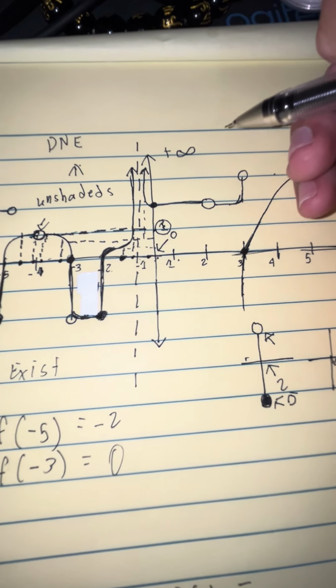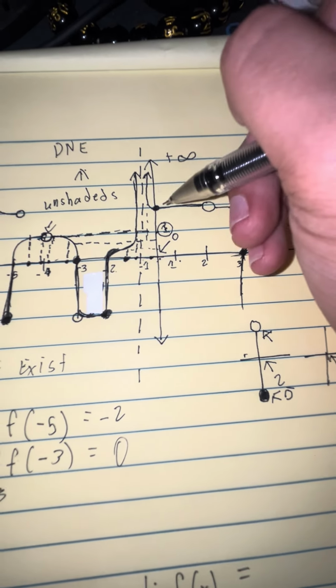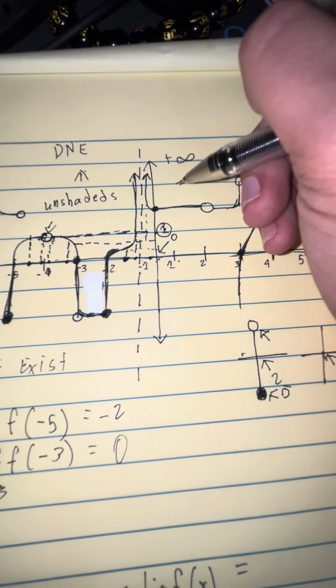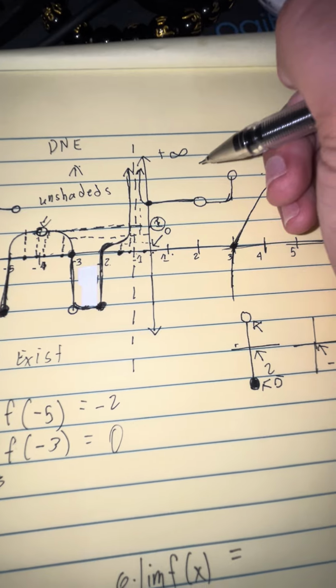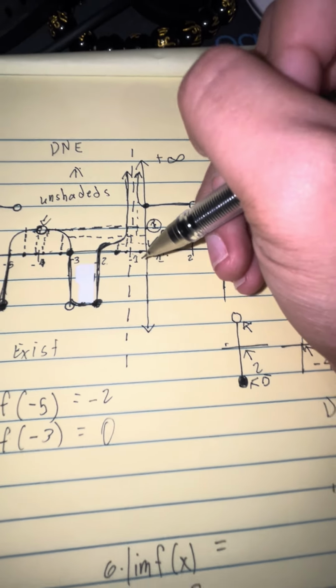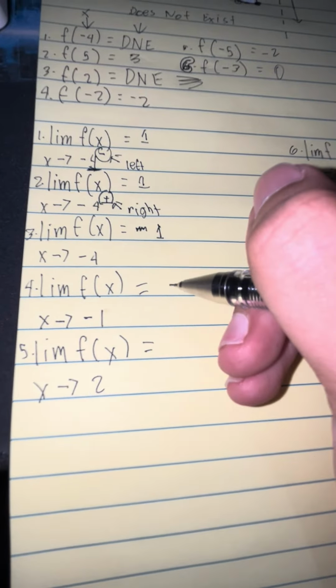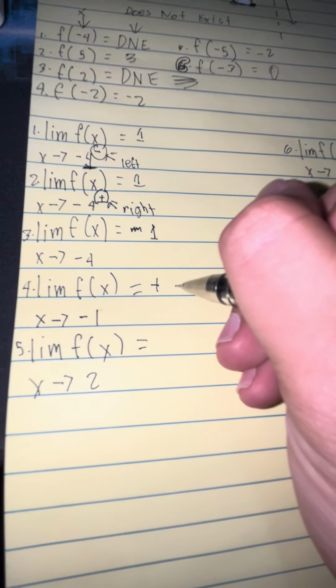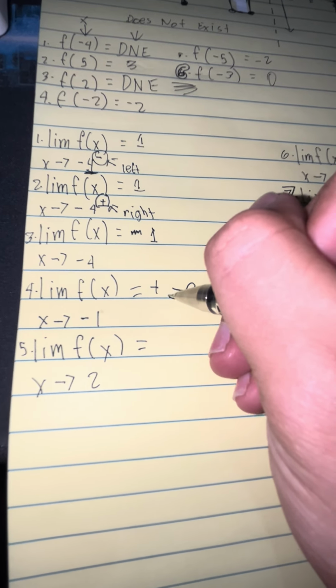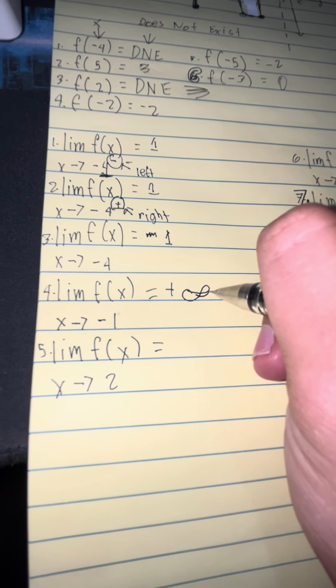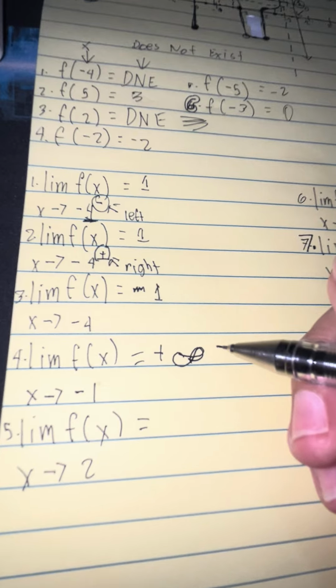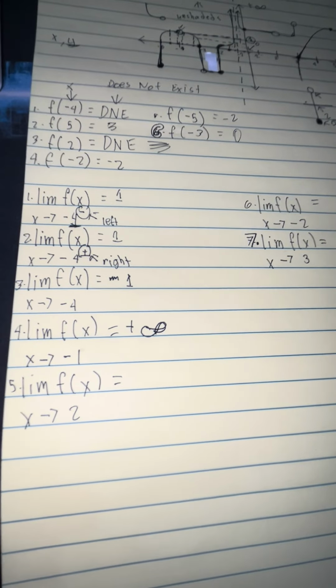So if they are similar, which they are, because both from the left and from the right the answers are positive infinity as they get closer to -1, that means our answer for number 4 is positive infinity. Forgive my very, very poor drawing skills.